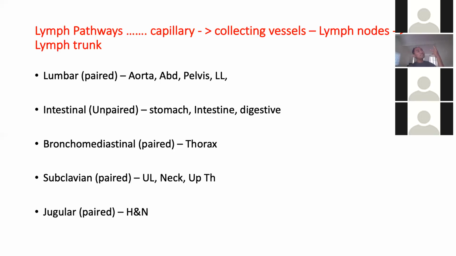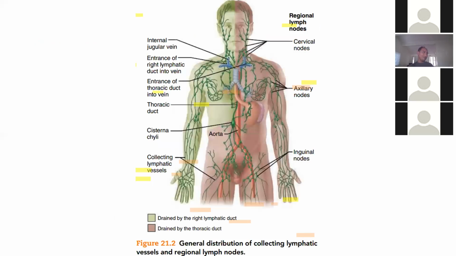So all the lymphatic collecting vessels after leaving the lymph nodes will combine together to form a lymphatic trunk. Look at that, everything has finally combined together to form the lymphatic trunks.